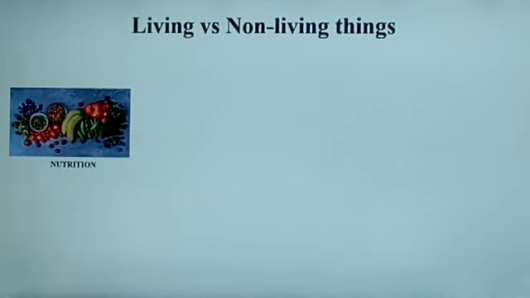तो what makes living things alive, and what makes non-living things not alive, are some basic functions that only the living things perform but non-living things do not perform. Living things eat, they take up nutrition to maintain their life. For their growth and energy requirements, they take up nutrition.